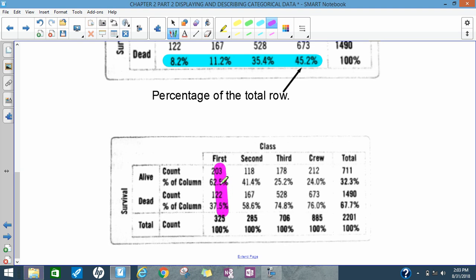So you can see almost 63% of the first class passengers survived, and you can see here that only 24% of the crew members survived. 25% of the third class survived, and 41% of the second class survived. It kind of looks here like the class you were in determined whether or not you were able to survive.